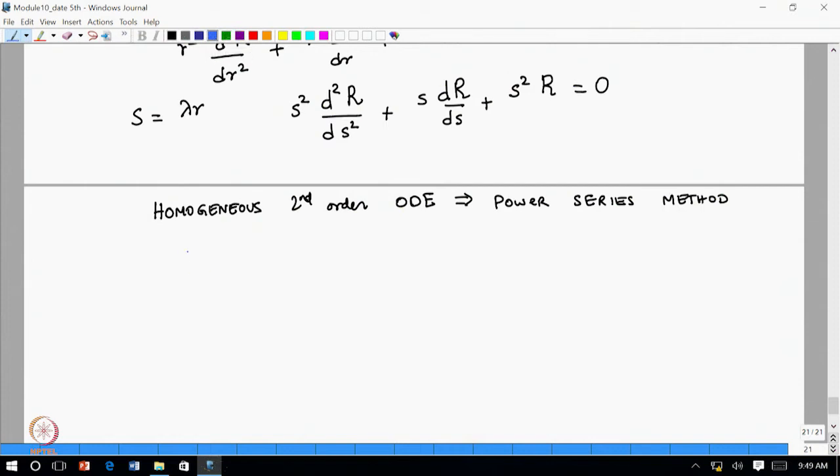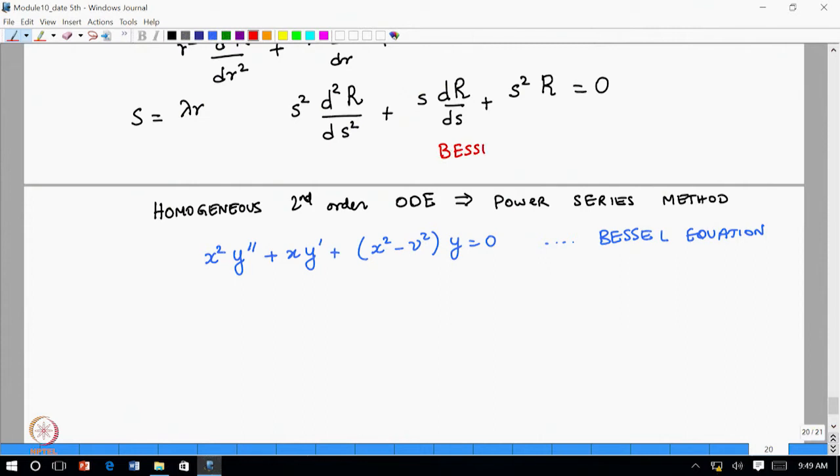This equation, so the equation where suppose you had x square y double prime plus x y prime plus (x square minus nu square) y equal to 0. This is called the Bessel equation. Okay. So, what we have in this case is the Bessel equation for nu equal to 0.